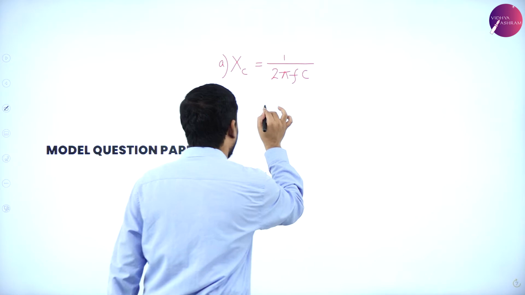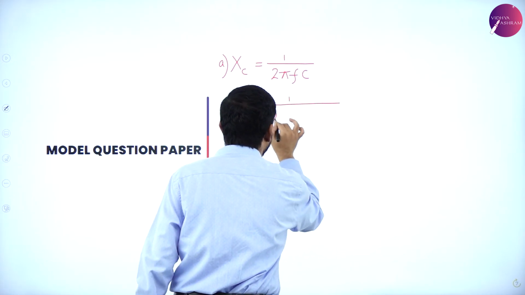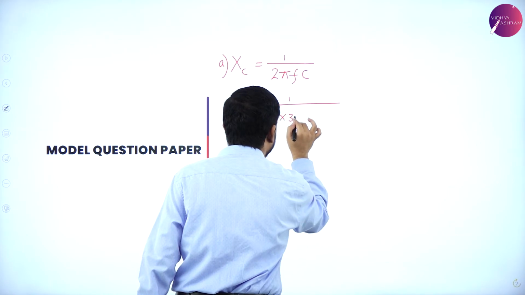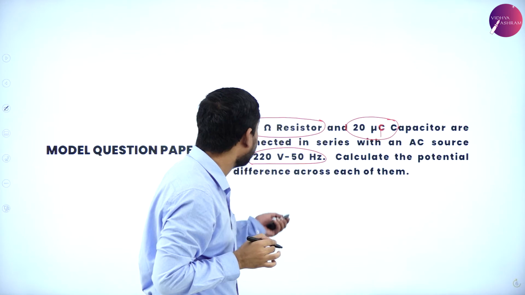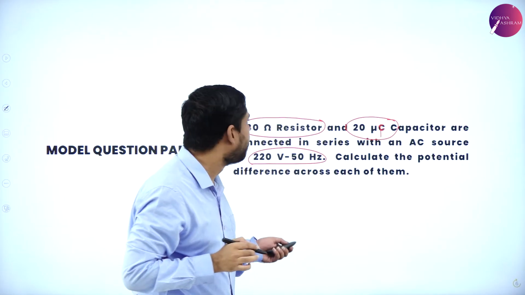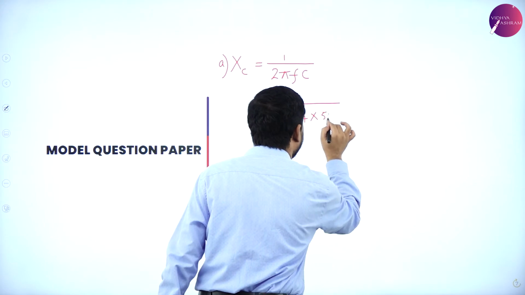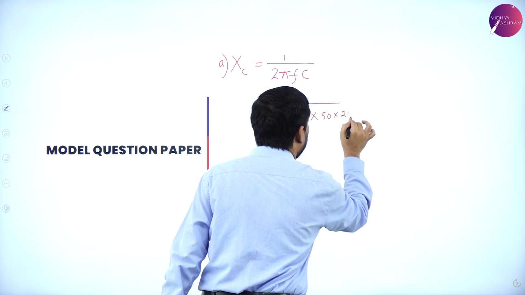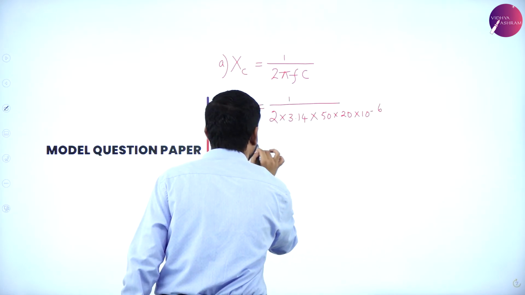On substitution, 1 by 2 into 3.14 into the frequency, which is given to be 50 hertz, into 20 into 10 power minus 6.